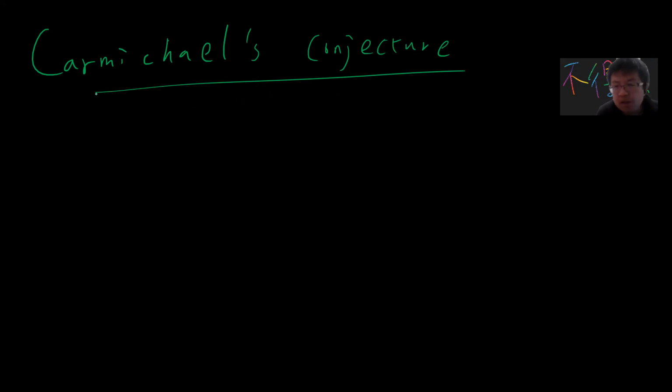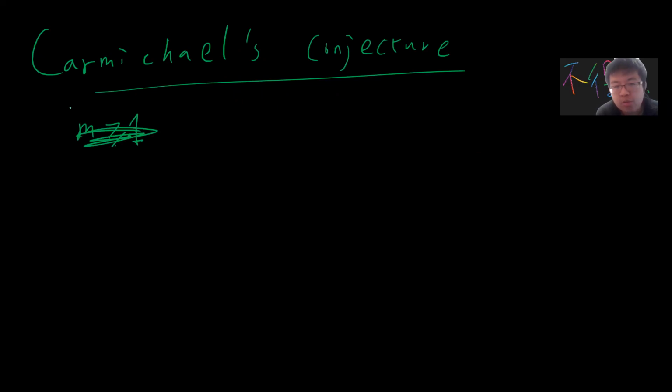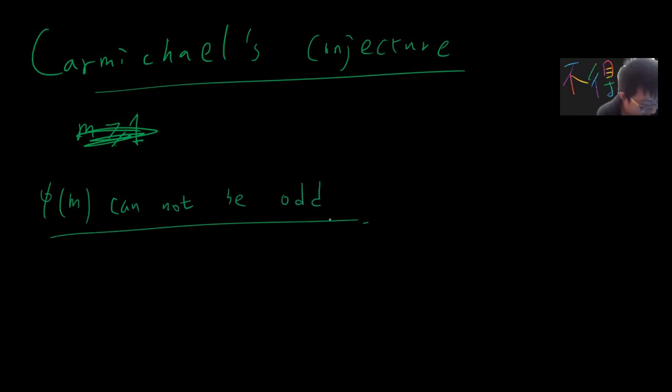If I remember correctly, it says that given m greater or equal to 2, oh, by the way, you can notice that phi of m cannot be odd, except for 1. You can check this by yourself.